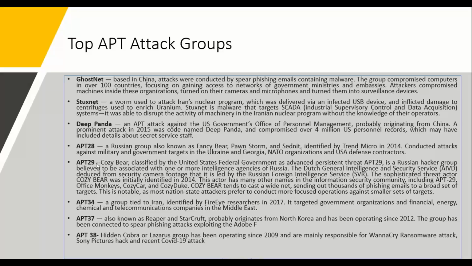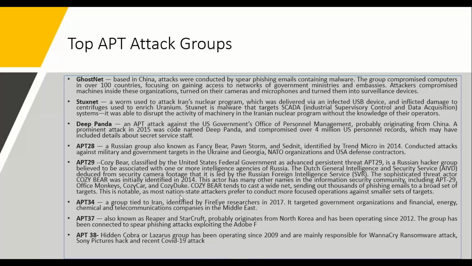Then there is the famous one, APT 29, which I mentioned, Cozy Bear, classified by the United States federal government as Advanced Persistent Threat APT 29, a Russian hacker group believed to be associated with one or more of the intelligence agencies of Russia. This group tends to cast a wide net, sending out thousands of phishing emails to a broad set of targets.